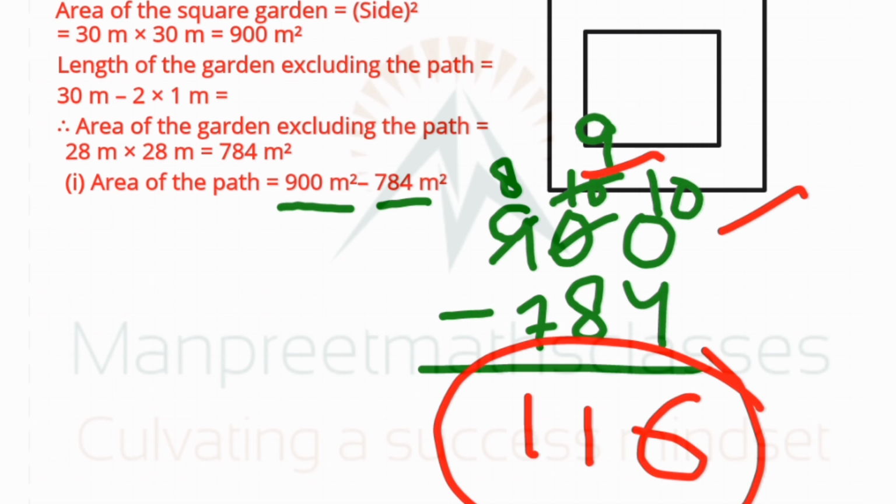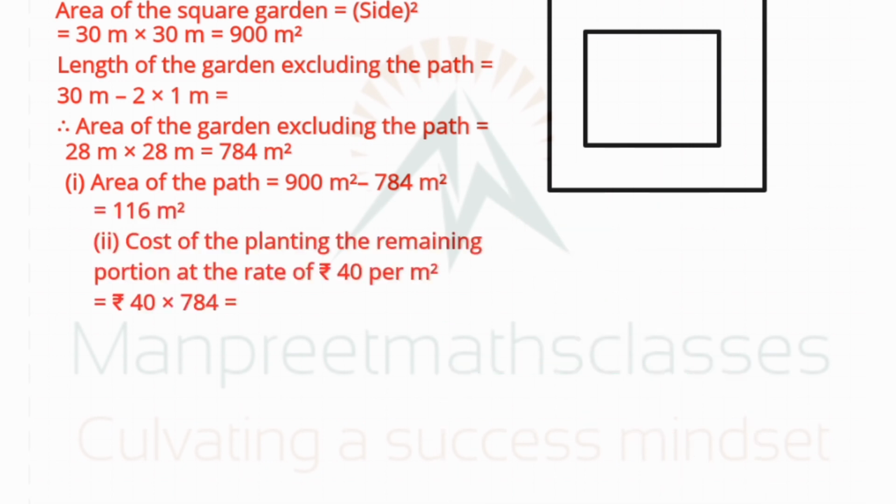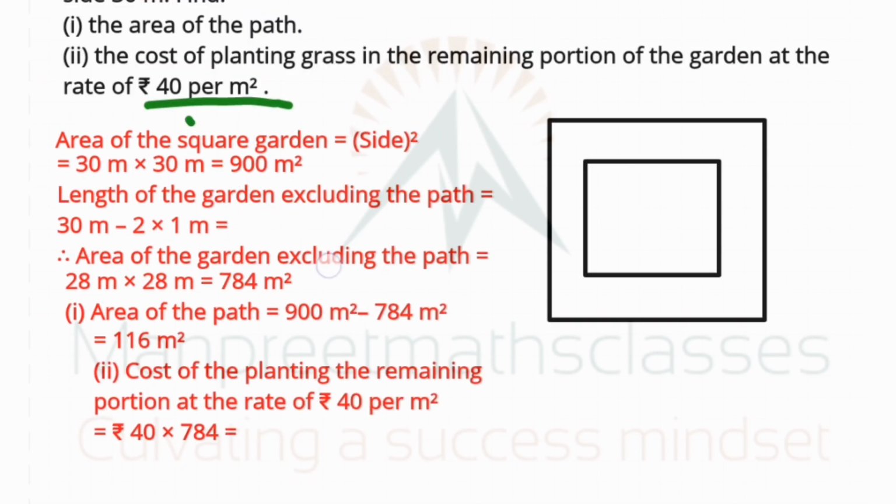Now first part we have done, second part is cost of planting. So we'll find it. Cost of planting the remaining portion at the rate 40 per meter square. So first of all we will write the area which we need to find. They are saying the remaining area means the area excluding the path. So area excluding the path is this one, 784 meter square. So we will multiply rate with the area.